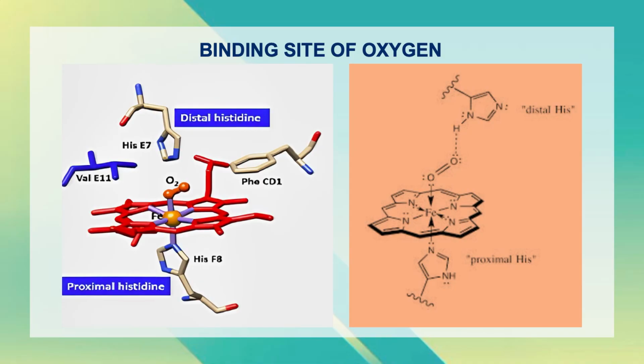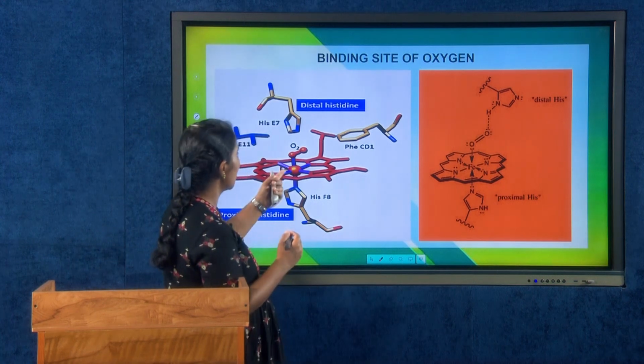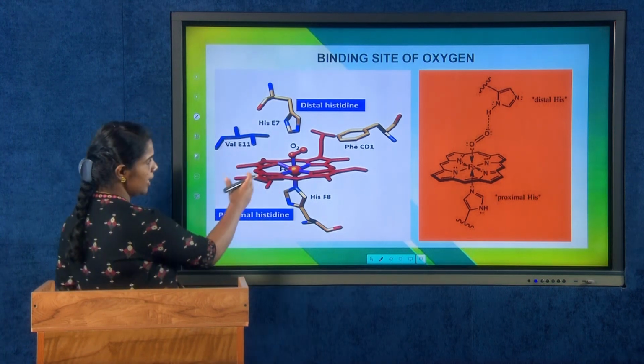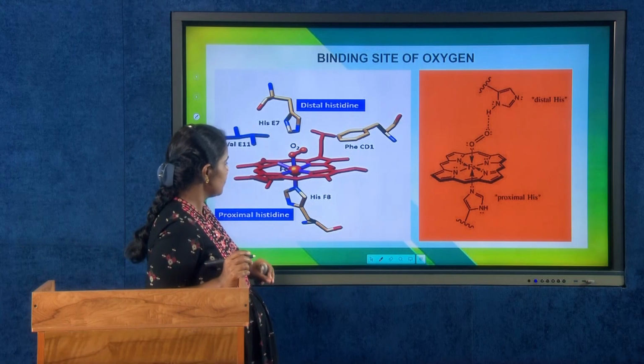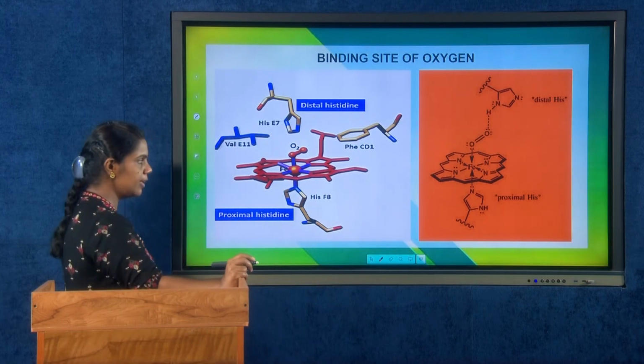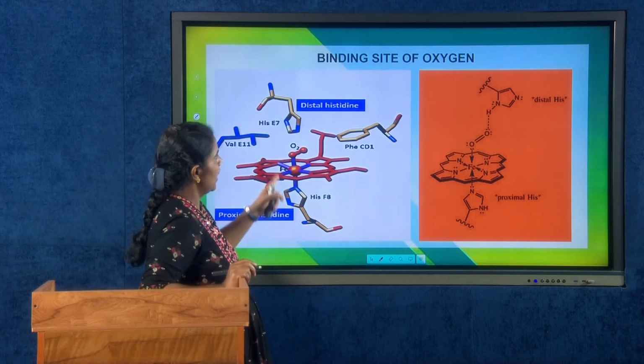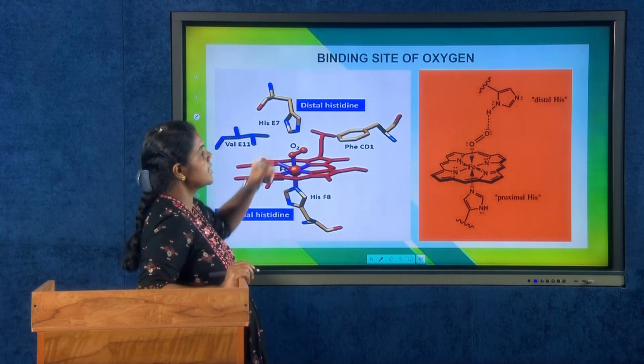Now, let us see the binding site of oxygen in myoglobin, particularly in reference to the heme unit. Here you can see the iron in 2 plus oxidation state at the center. This is the place where oxygen is going to get bound. This is the proximal histidine and this is the distal histidine.